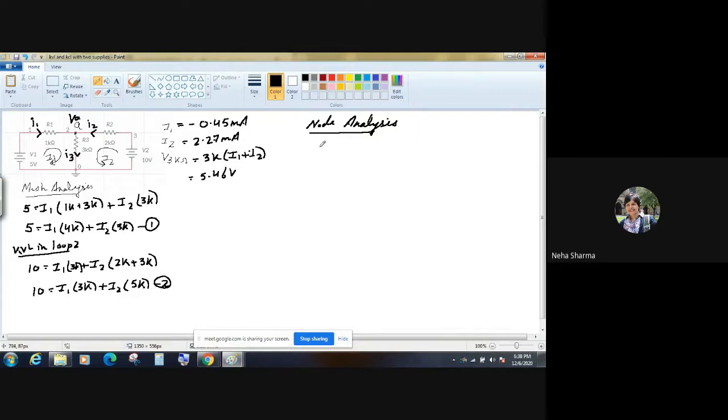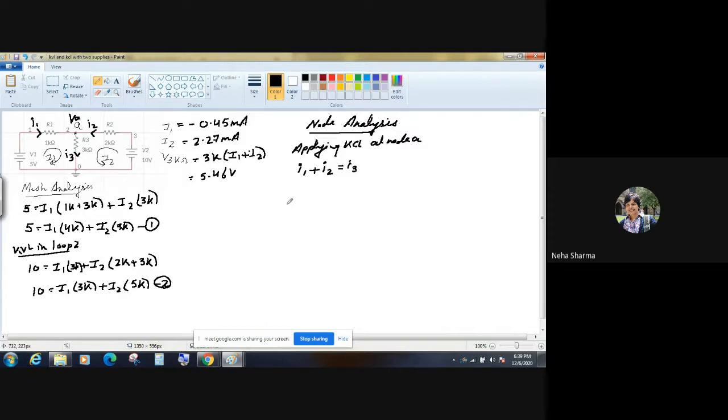When we come here, you can see that I apply KCL at node A. Small I1 is entering, small I2 is also entering, and small I3 is the current leaving the node.